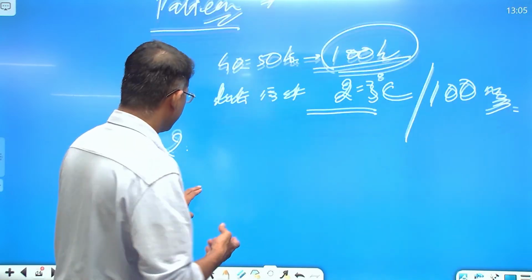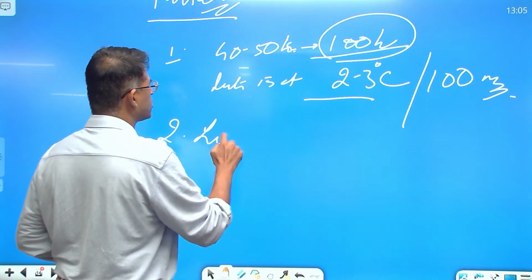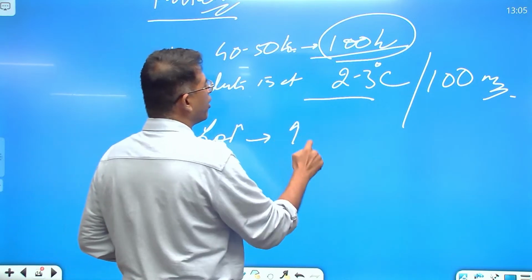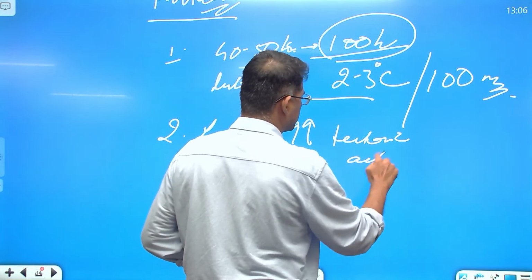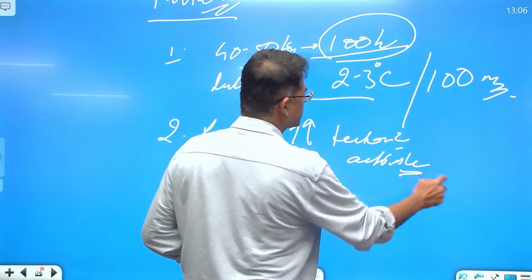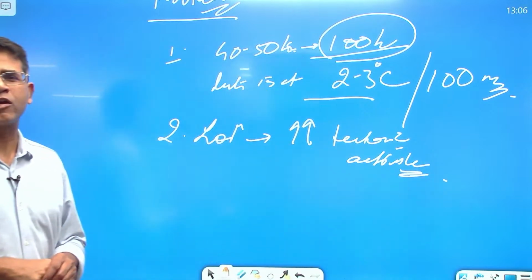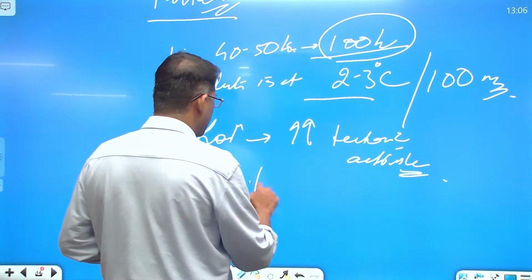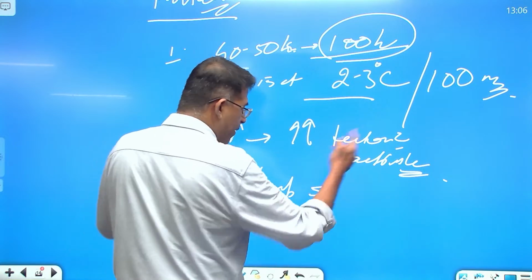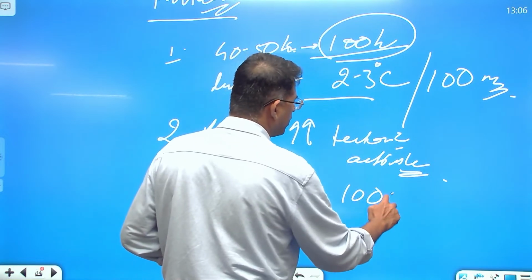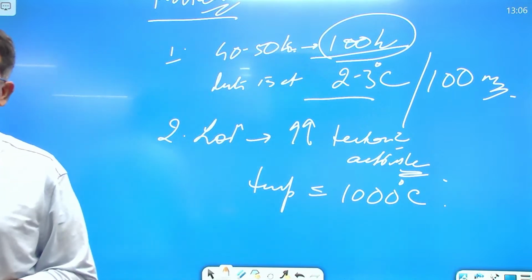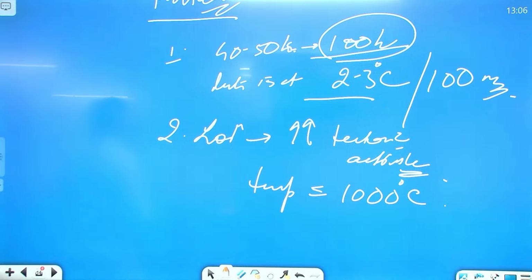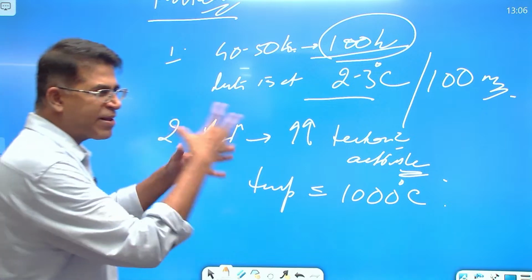However, locations which have very high tectonic activities, the temperature is approximately around 1000 degrees centigrade. Something is happening inside.